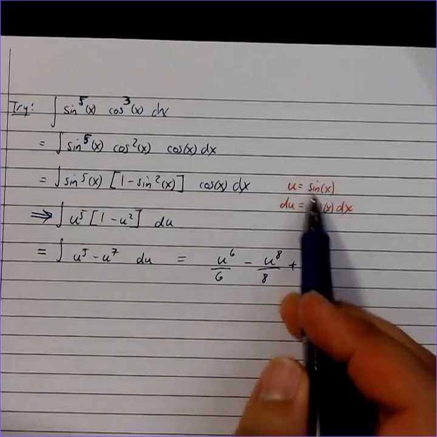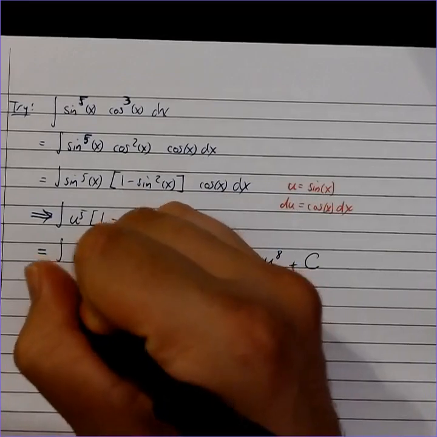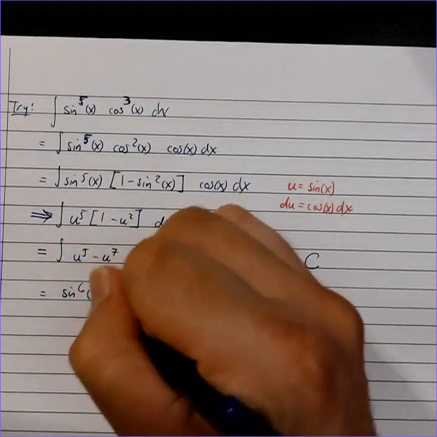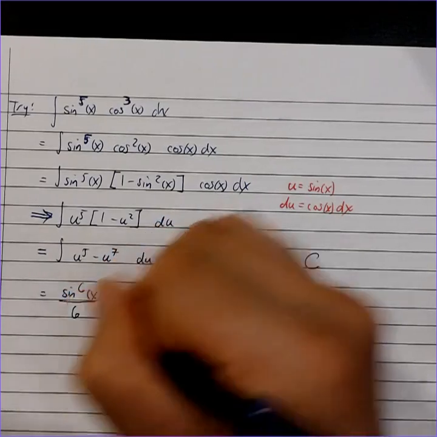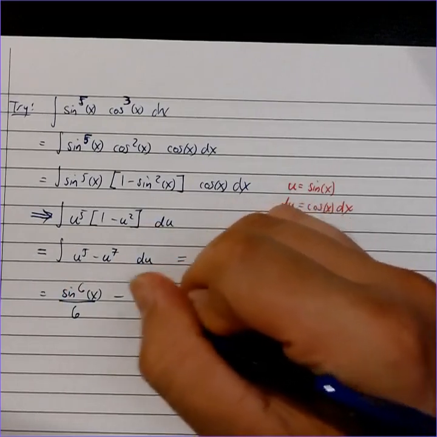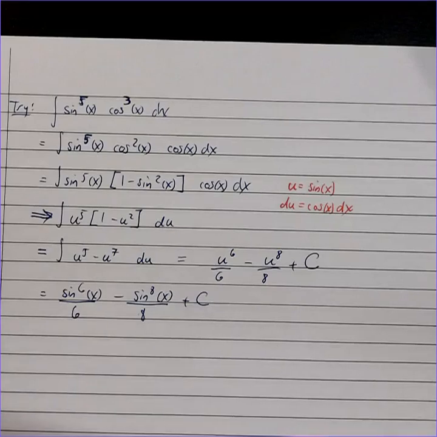So now we have u equals the sine of x, so substituting that back in gives us sine to the 6th of x over 6 minus sine to the 8th of x over 8 plus a constant of integration.